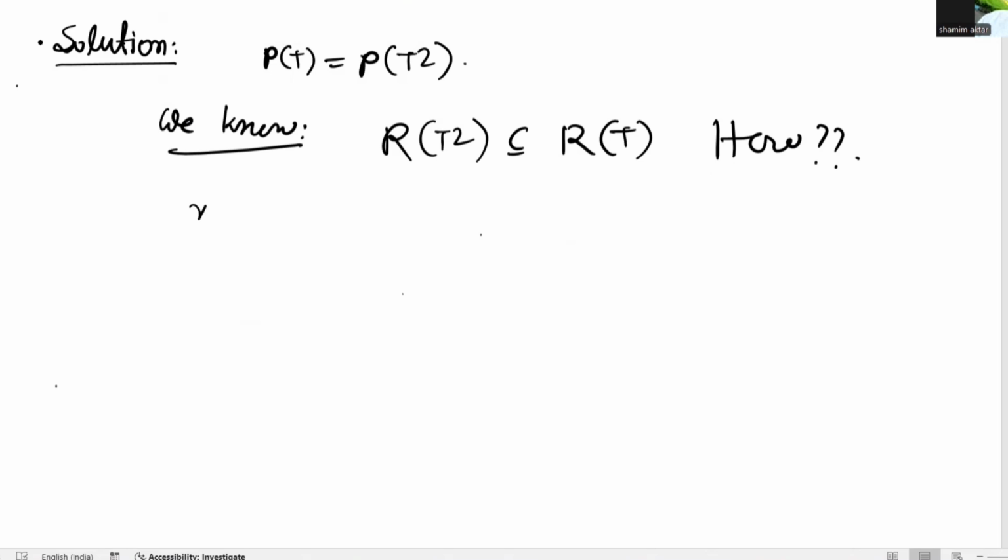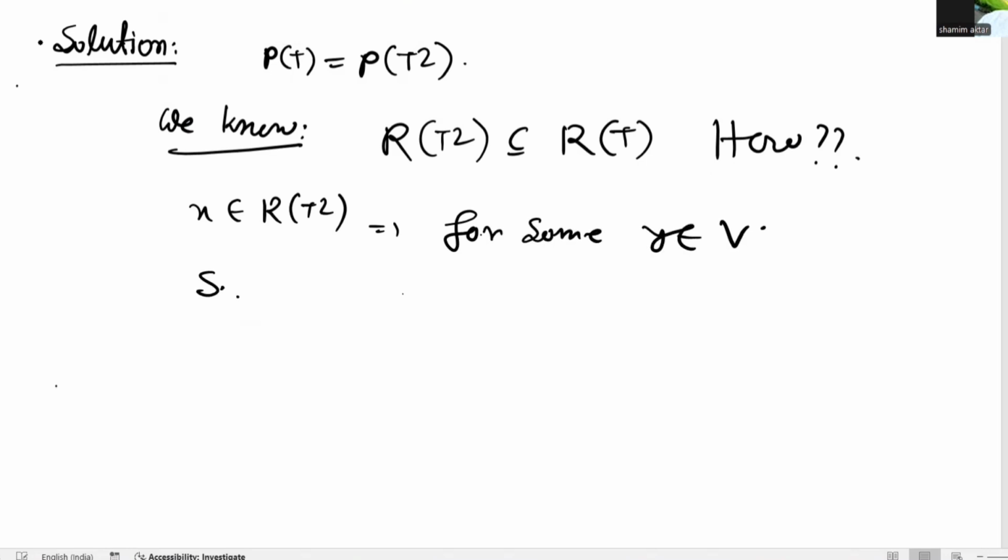Any x belongs to the range space of T square, so for some y belonging to V, T square y equals x, by definition of range space.